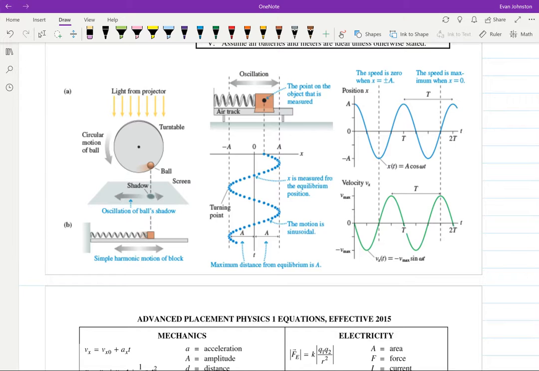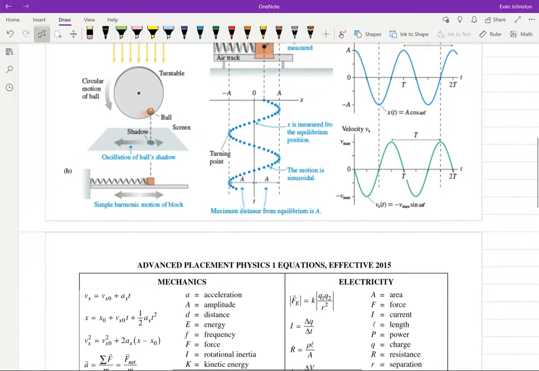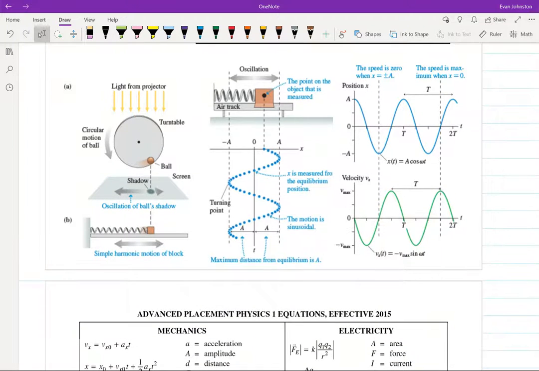Now, the neat thing is that if you had some kind of spinning turntable hooked up to a motor, and you had a projector up above with light shining down on it, all shining down uniformly, we're going to get a shadow of the ball. And the farthest the ball's shadow will be is when the ball's over here, and it would be right there.